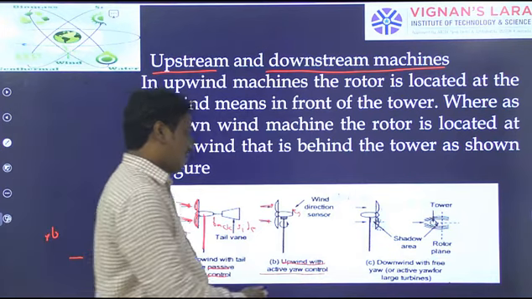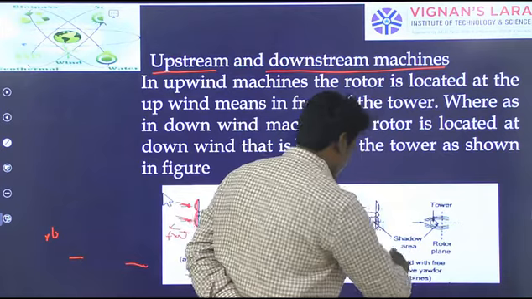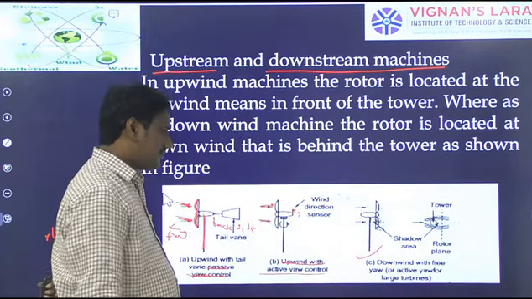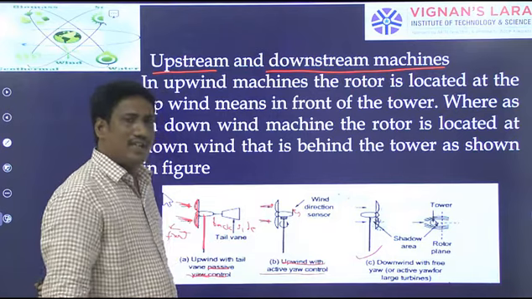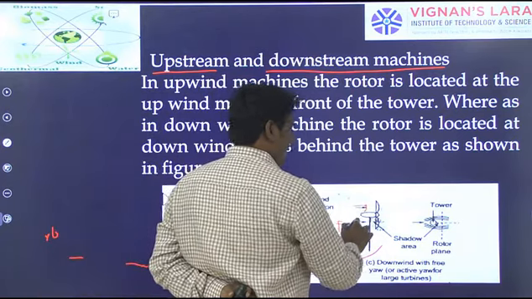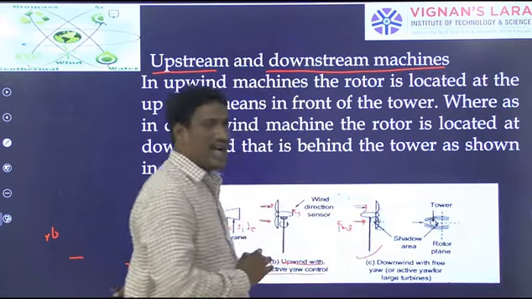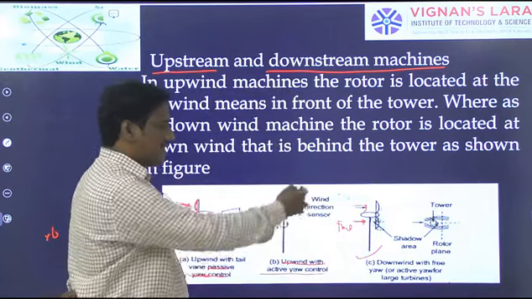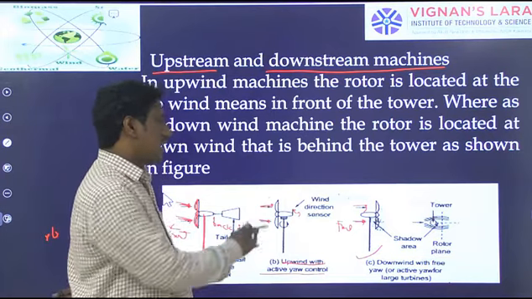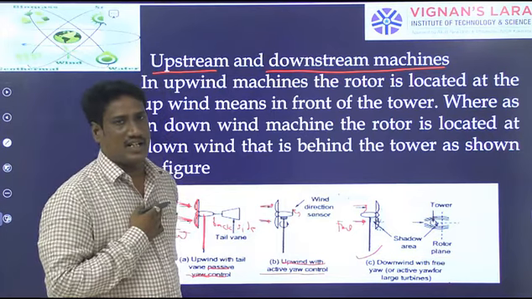Here you can see downwind with free yaw. Downwind means, if the wind strikes at the back of the fan, you call it a downwind machine.